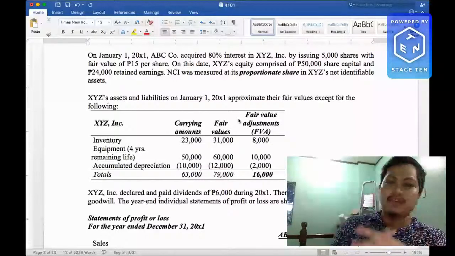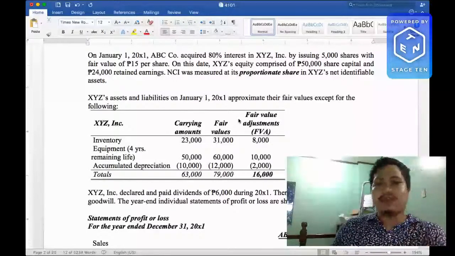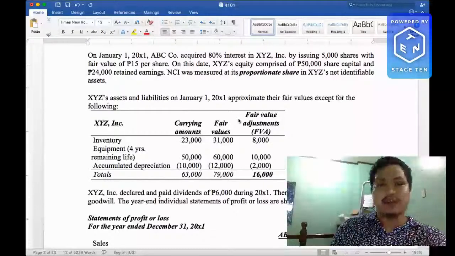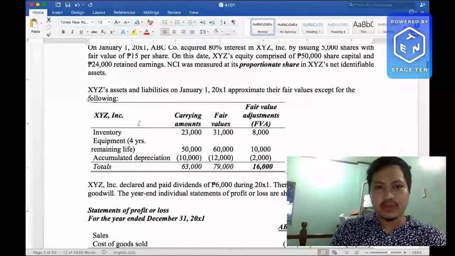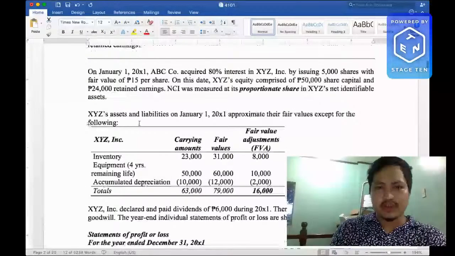On this date, XYZ's equity comprised of 50,000 share capital and retained earnings. The NCI was measured at its proportionate share in XYZ's net identifiable assets.